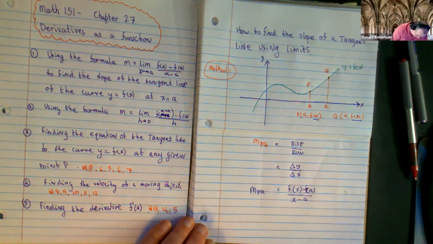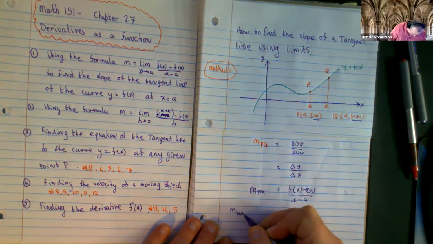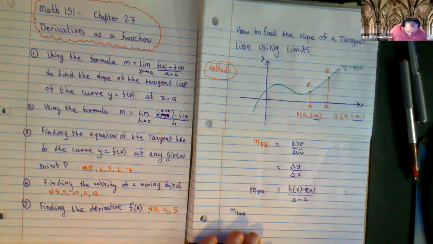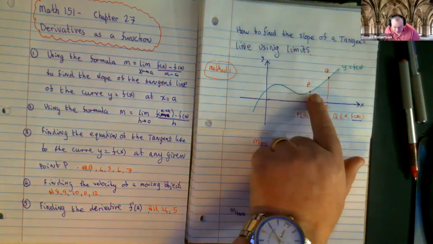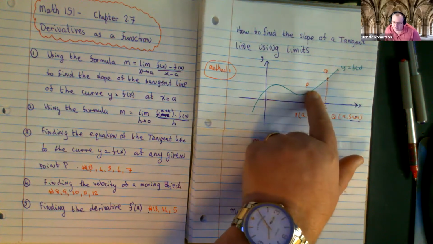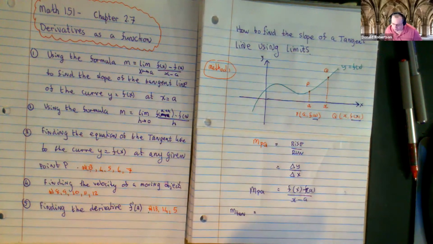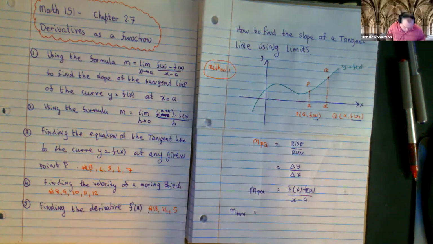And then you say that you can now find the slope of the tangent line. And the logic goes something like this. If Q is really close to P, then the slope of PQ will become really close to the slope of the tangent line. Does that make sense? If you make P and Q get really close together, you've almost got a perfect tangent line.